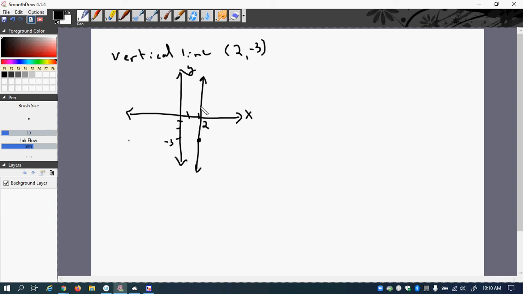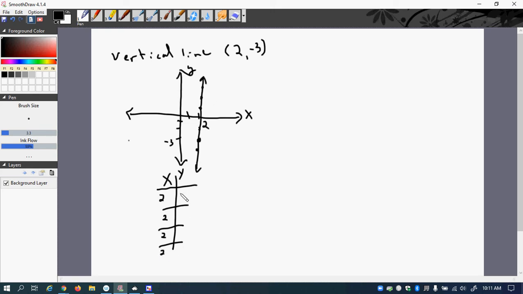And so along this line are a bunch of points. And so I could create a table. And so all along this line, what is staying the same? Well, x is staying the same. It's staying at 2. But y is changing.